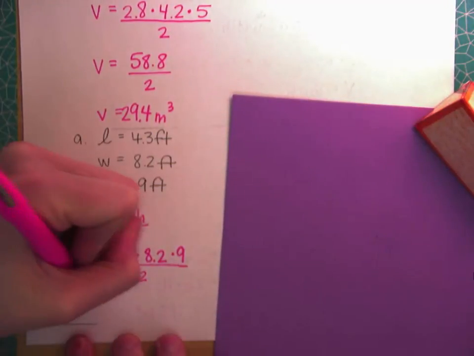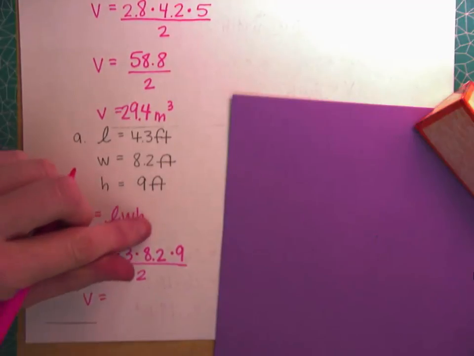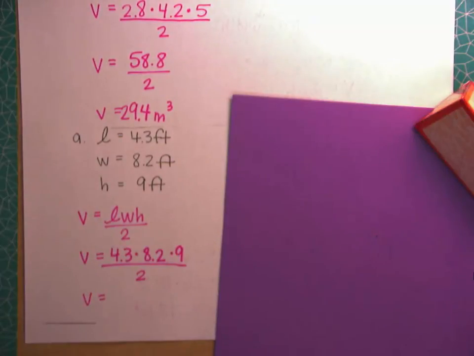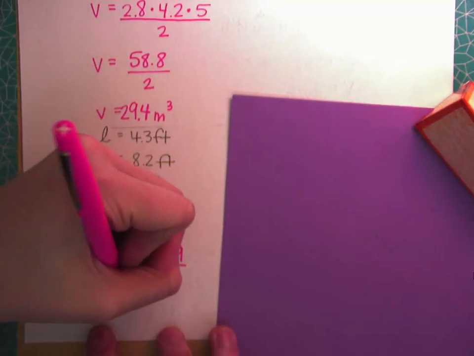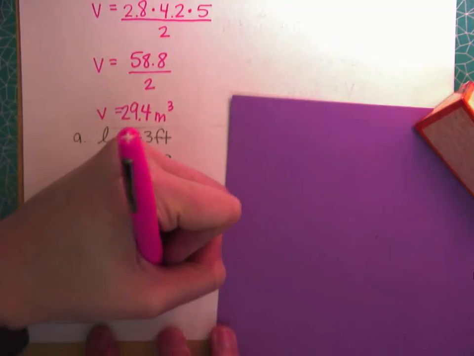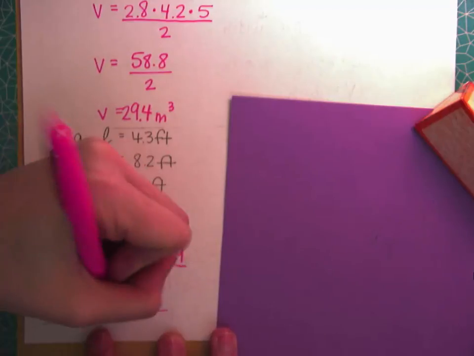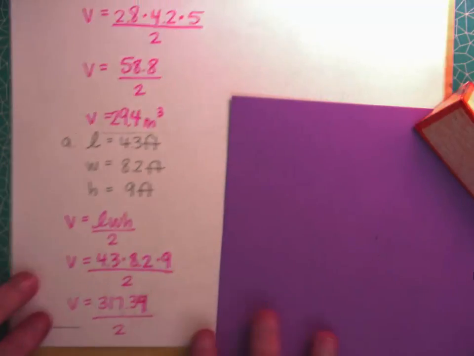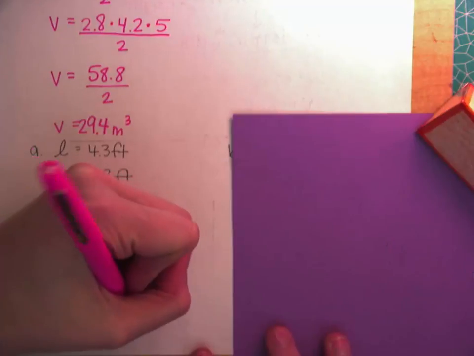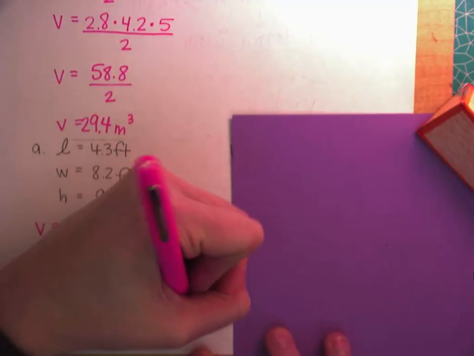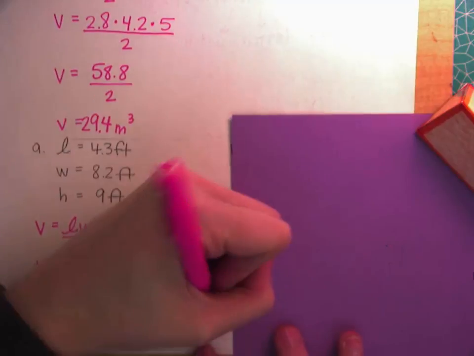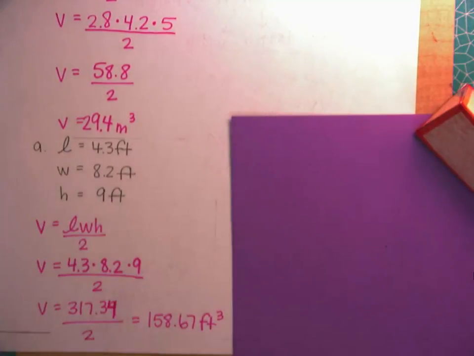Okay, so when I multiply 4.3 times 8.2 times 9 together, what do I get? 317 and 34 hundredths divided by 2. 158.67 what? Good. Okay, any questions?